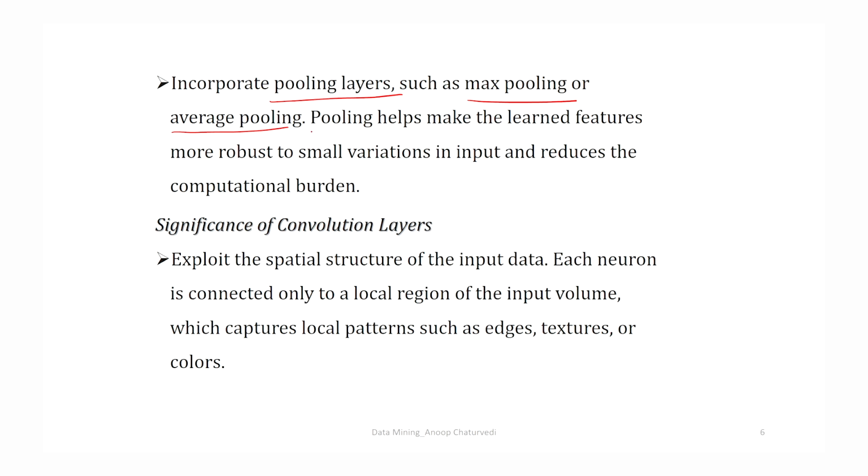This kind of pooling helps to make the net features more robust to small variations in input and reduces the computational burden. So, once you use such pooling layers, the learned features are more robust to small variations or small transformations in the input.